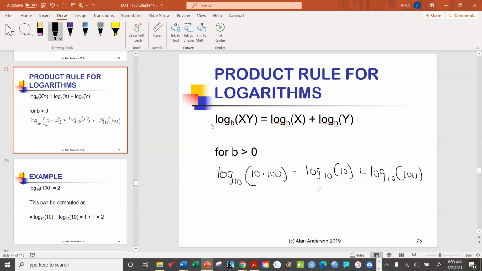This one is equal to 1 because 10 to the first equals 10. This one equals 2 because 10 squared is 100.